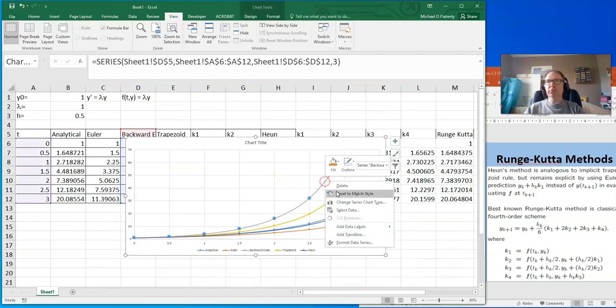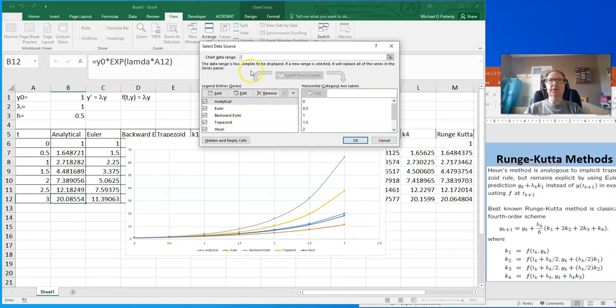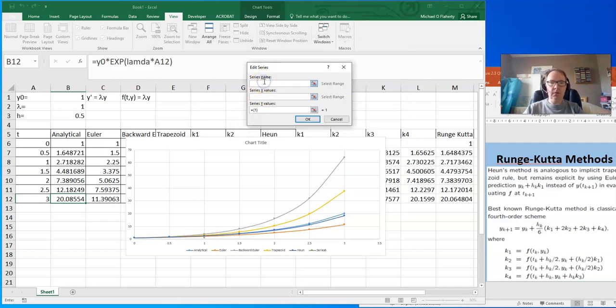So again, right click on any of the graph, select data. This is our Runge-Kutta method. Sorry, click add first, and call it Runge-Kutta.